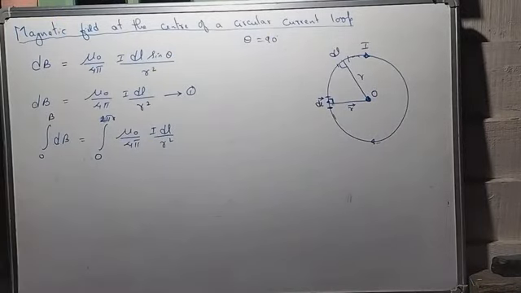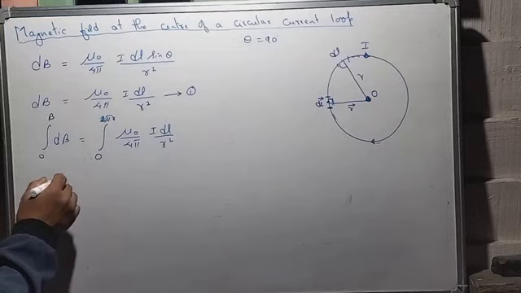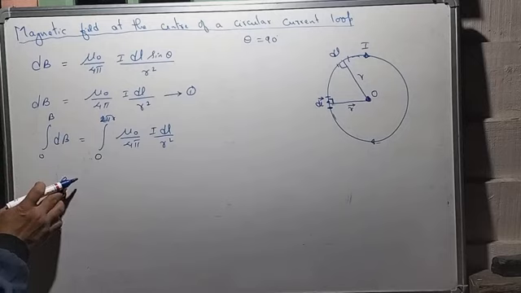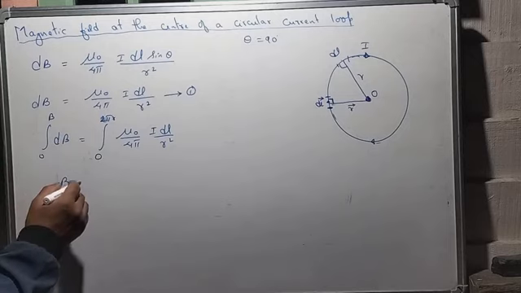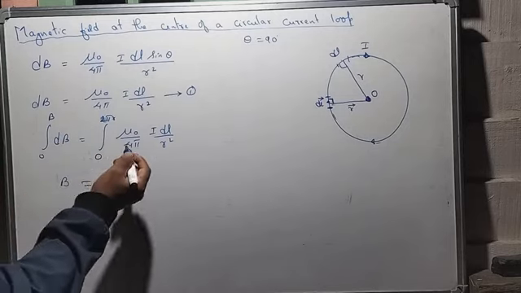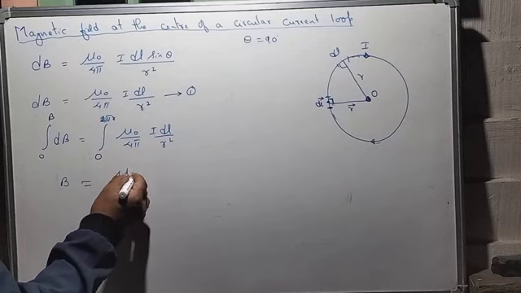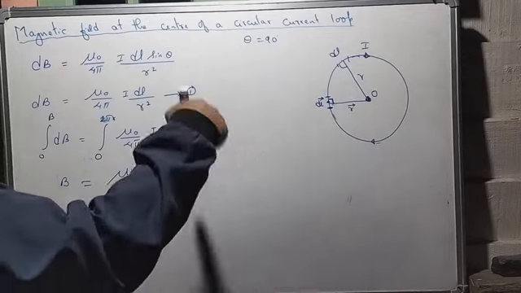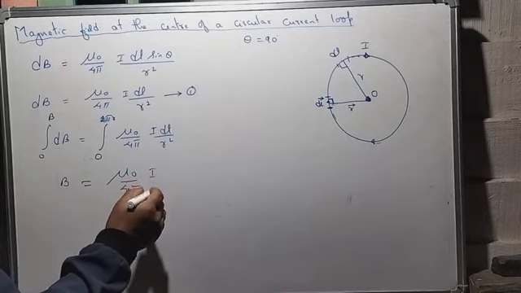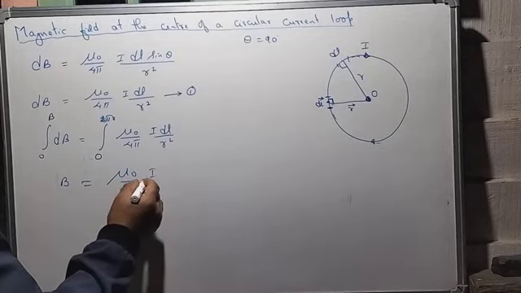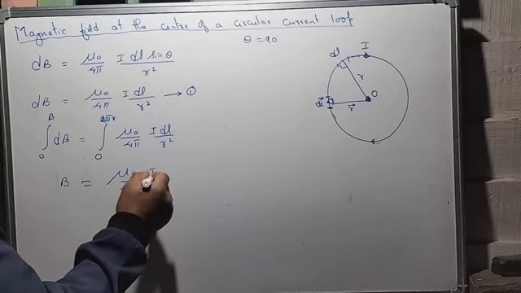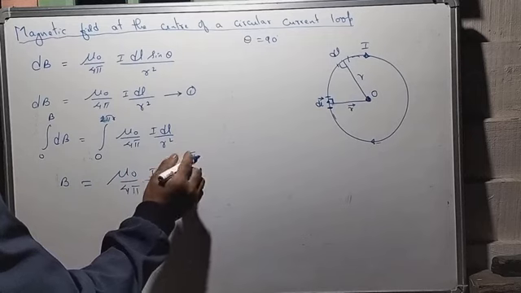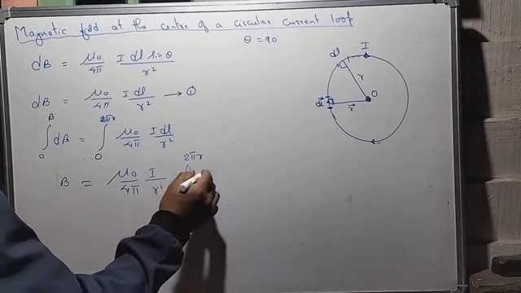What is the integration of dB? The integration of dB is B, and the limit is from 0 to B. So when you substitute the upper limit and the lower limit, again you'll get B. This mu naught upon 4 pi is a constant quantity. I, the current which is passing through the loop, is constant. This radius of the loop also is constant. I'll take them out. So inside the integration, I'll have only the integration over dl.